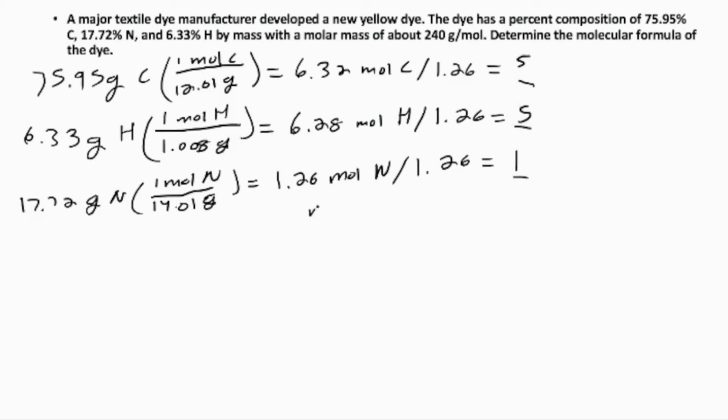So we have 5 to 5 to 1. And what that is telling us is that in the empirical formula, there's 5 carbons, 5 hydrogens, and 1 nitrogen. So the empirical formula here is going to be C5H5N.